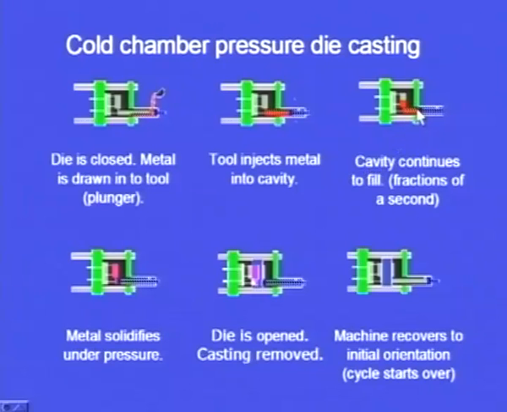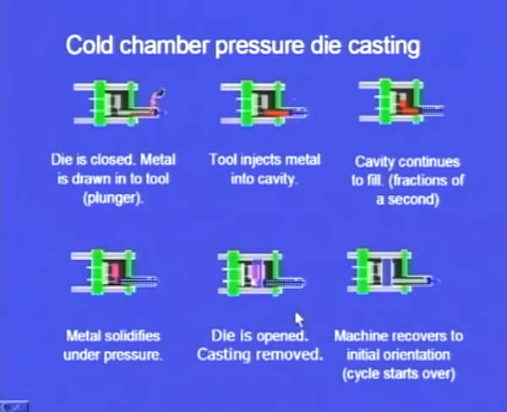Here we can see the molten metal is entering into the cavity, and this takes only fractions of a second. After the molten metal completely enters the cavity, we can see it slowly undergoes solidification, and after solidification is over, the die is opened and the casting is removed.